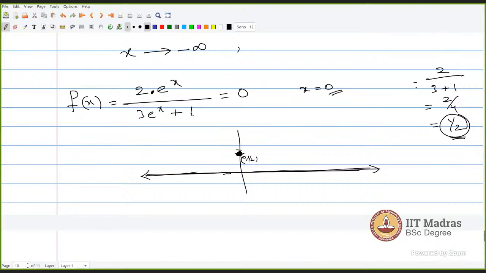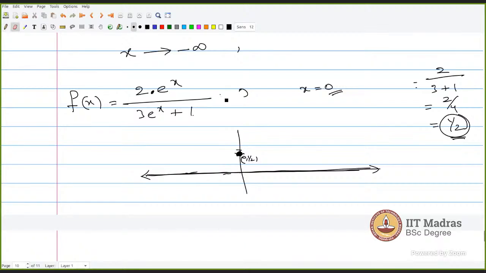I can cross multiply 3 to the power x plus 1 on both sides. You will get 2 times e power x equals 0, and e power x will never be equal to 0. That means there will not be any roots.